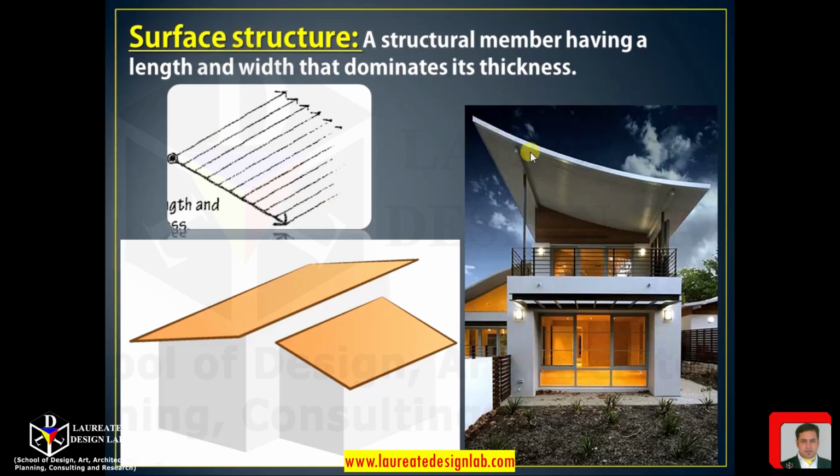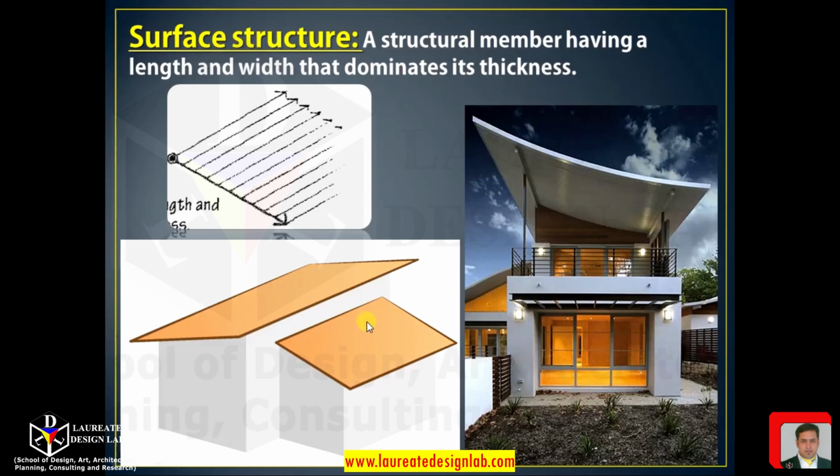So these roofs can be considered as the surface structure, whether it is horizontal, sloping, curvy, it doesn't matter. So these types of structure, the covering of the building, will be called as surface structure.